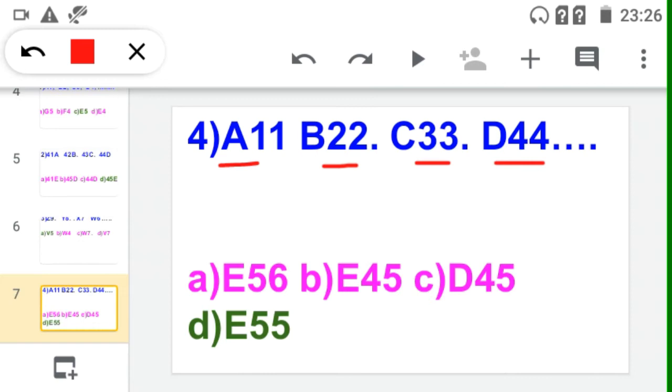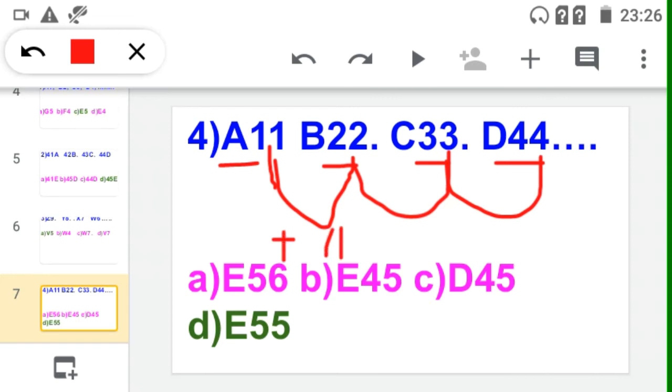Now dear students, see here. It is 11 in the first term, then 22 in the second term, then 33 in the third term, and 44 in the fourth term. Correct. So now you observe, student, if you add 11 to 11, then you will get 22.